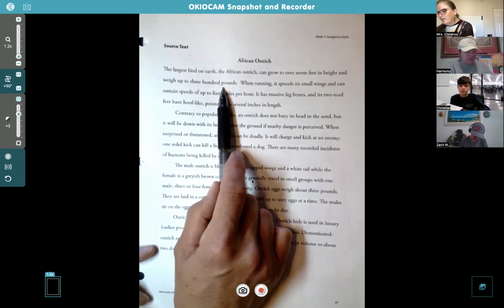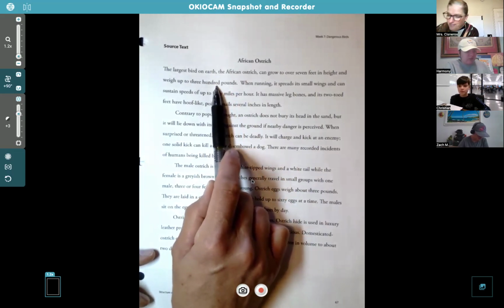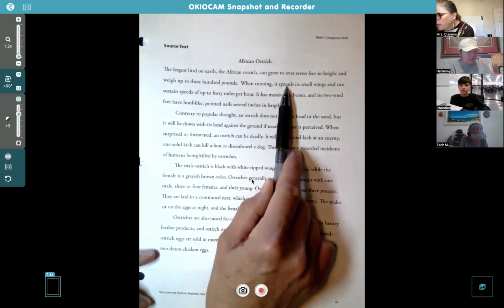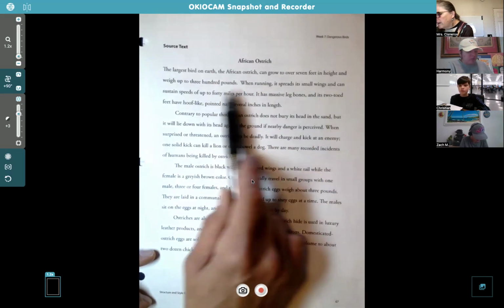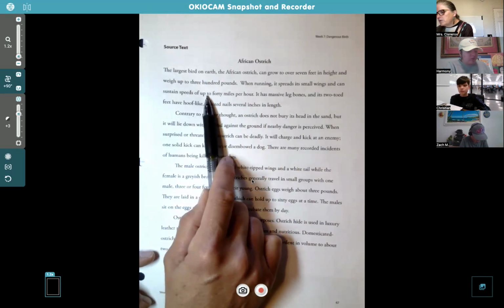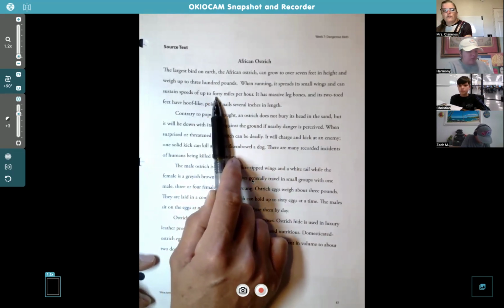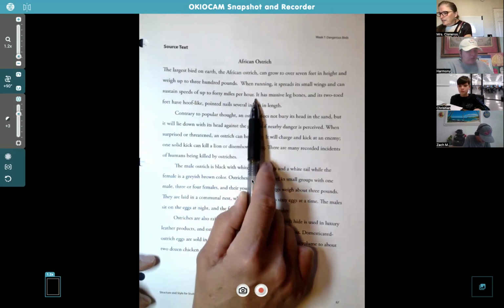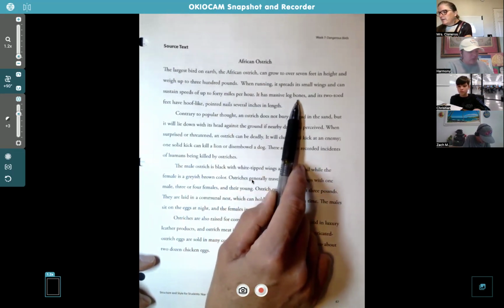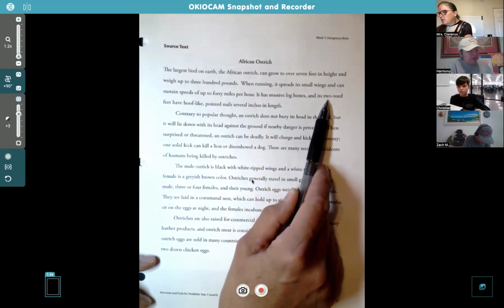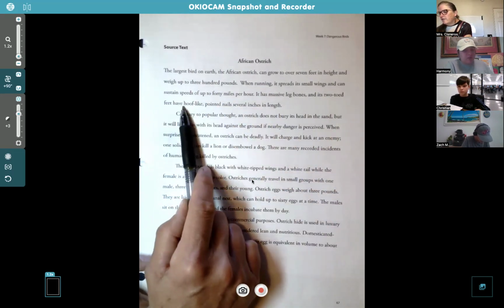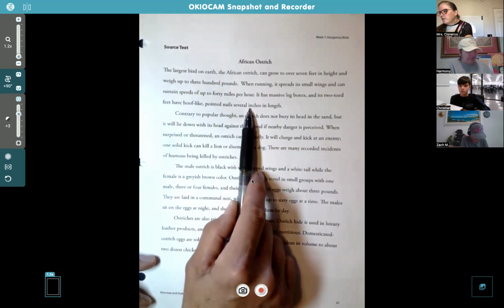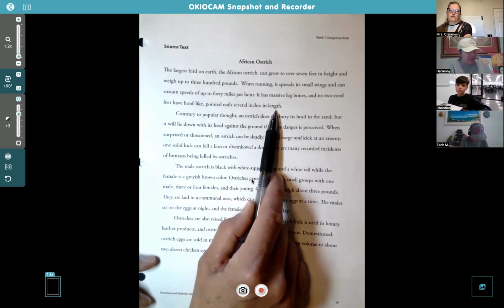Speaking of football. So that's a big bird. Okay, I'm going to keep going. When running, it spreads its small wings and can sustain speeds up to 40 miles per hour. That's fast. It has massive leg bones, and its 2-toed feet have hoof-like pointed nails several inches in length.